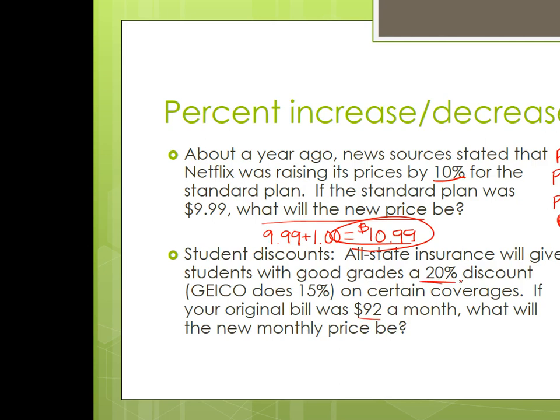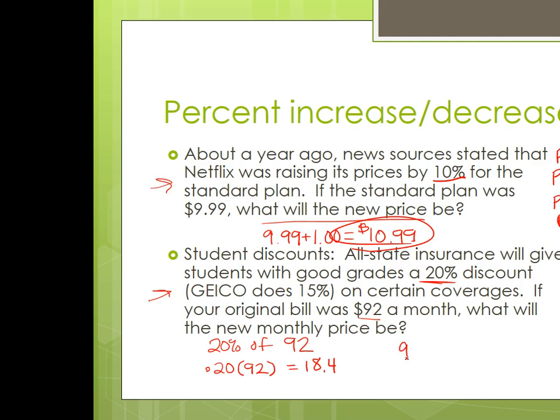So first I need to figure out 20% of $92. So that means 0.20 times 92. And that's going to give you 18.4. So then what will the new monthly price be? So since I'm decreasing here, so this last one was increasing prices, this one's going to decrease, it's a discount.